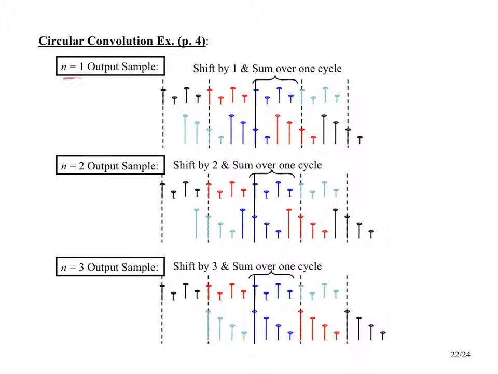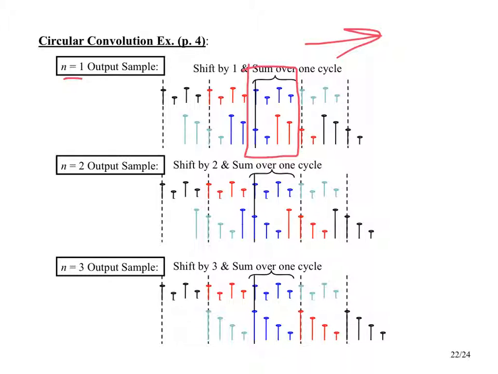So for n equal to 1, I've flipped and now I've shifted to the right, just like before for regular convolution. I now sum up these 4 elements, and I get a number, and that's my output signal at n equal to 1.